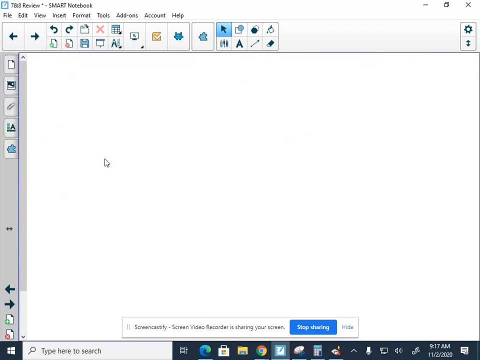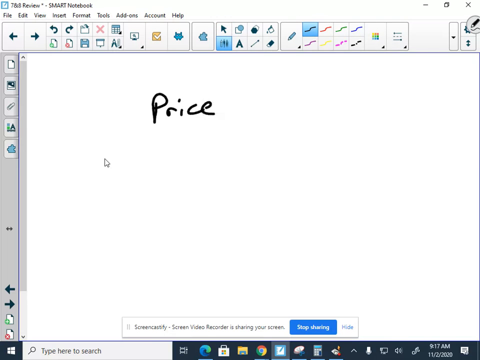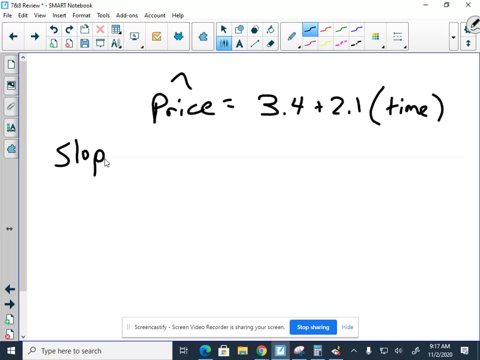Just because I want to practice this, let's just say we have an equation. Price is predicted to be 3.4 plus 2.1 times time. I don't know what we're doing, but if we say explain the slope in context. So the slope, again, is the 2.1 over 1.